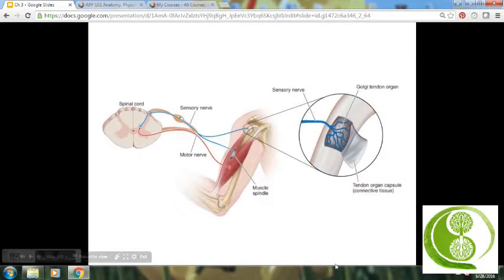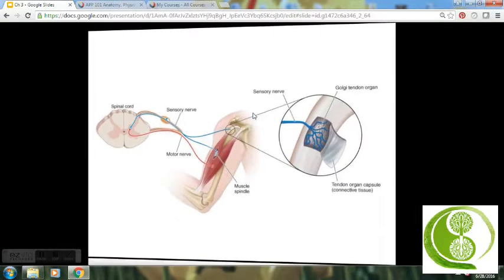Now this is just showing you pictures of the Golgi tendon organ and the sensory nerve, how it intertwines there. And over here is the muscle spindle with the sensory nerve. These are going to protect the muscle tendon from tearing, and we talk about that later on in kinesiology.